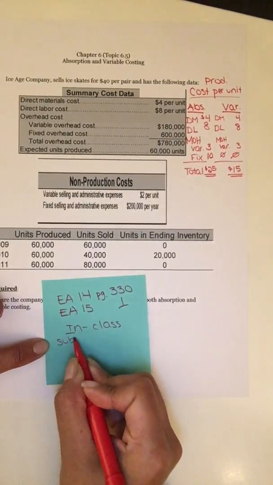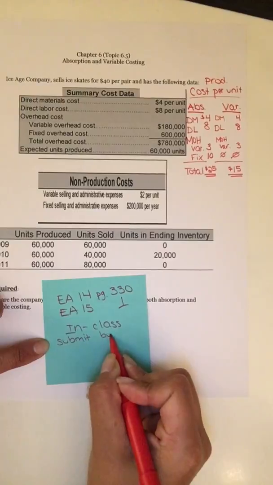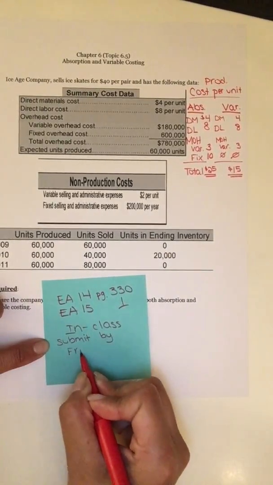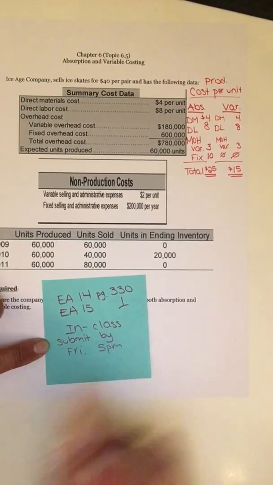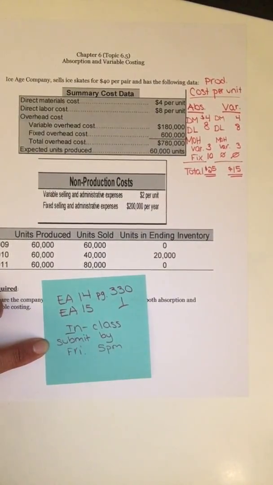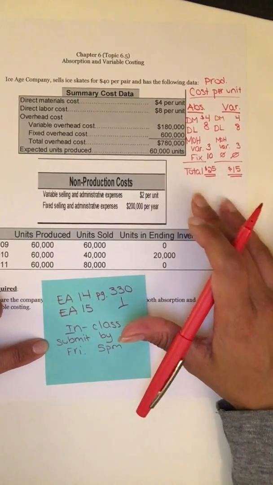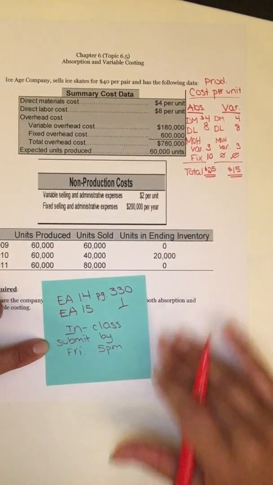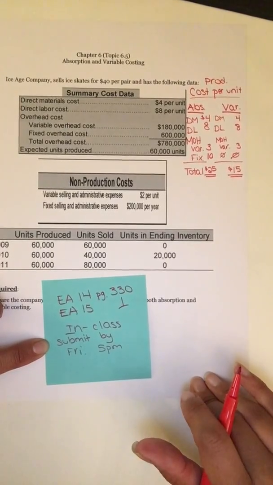Please submit it by, what do you think? We could probably do Friday at 5 p.m. That gives you guys a little over a day, almost 2 days. Let me know if you have any problems with it, and I'll be happy to help. Once I'm sure that you understand the difference in how to calculate the unit cost, then we'll go on to our income statement format under the two methods.